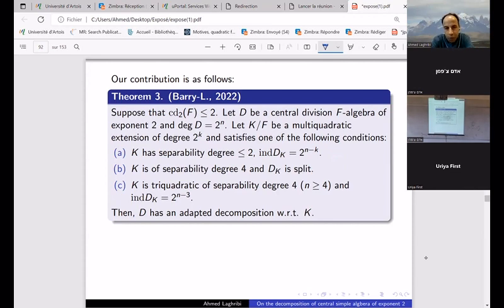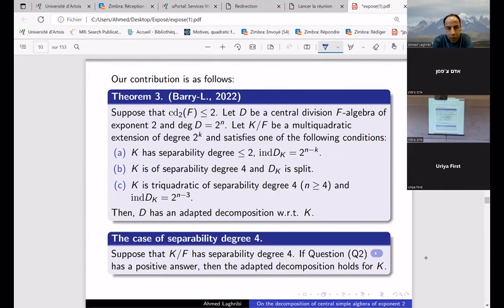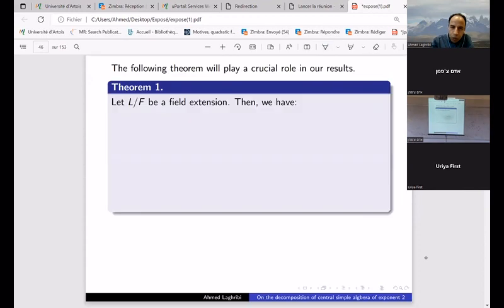And where is the problem? The problem comes from the following. In the case of separability degree 4, suppose that K has separability degree 4. If question 2, Q2, that I pointed out before, has a positive answer, then the adapted decomposition holds also for K. So let me remind you what Q2 is.